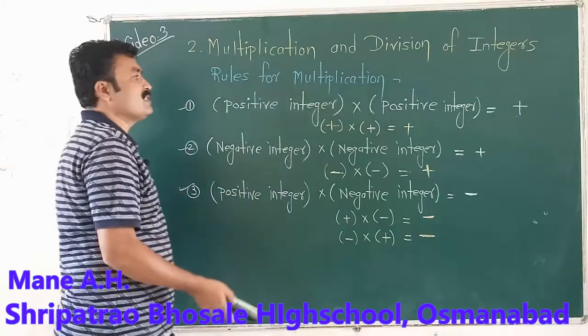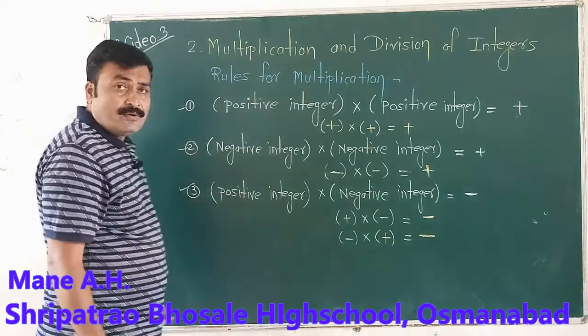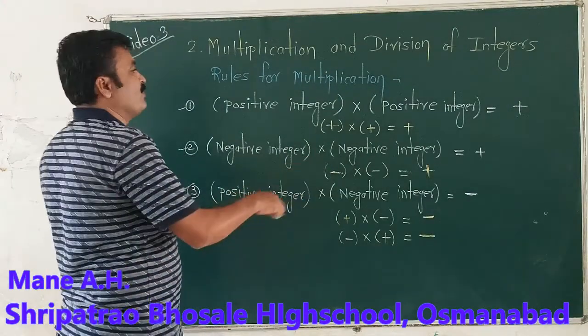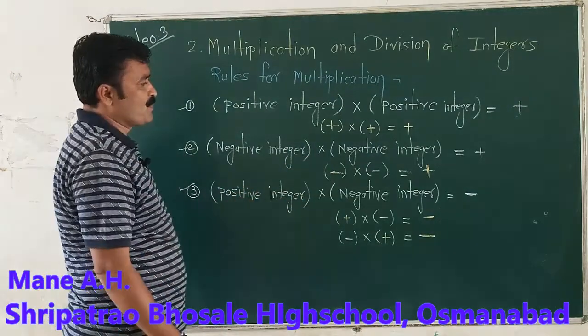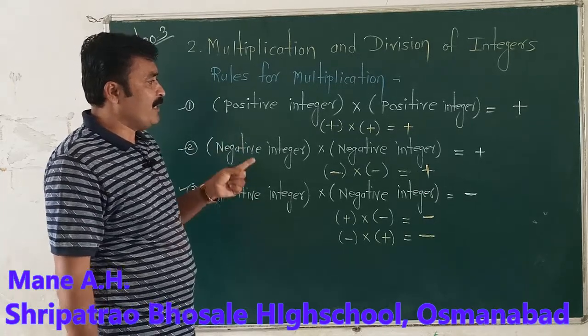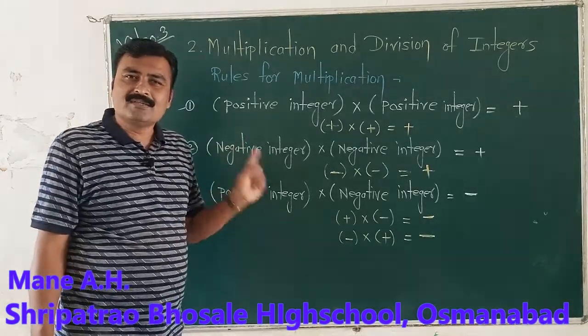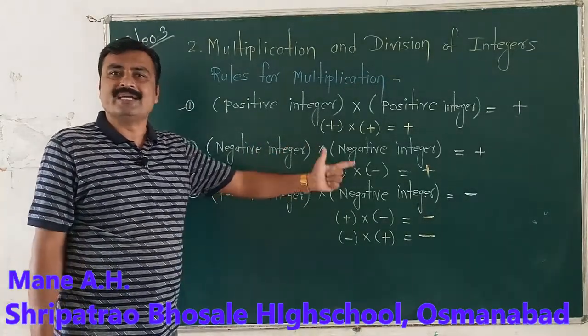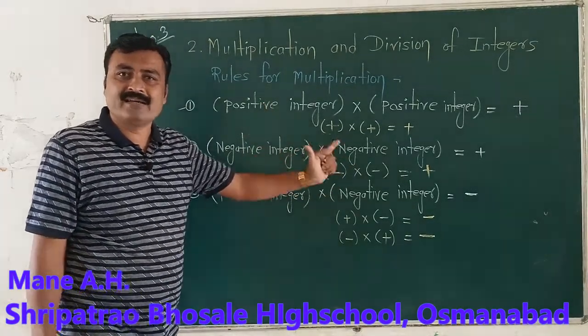So how is this possible? Let's verify with the help of one example in front of you. So I hope you will observe these rules carefully, and by keeping in mind all these rules, now we are solving the next example on this green board.